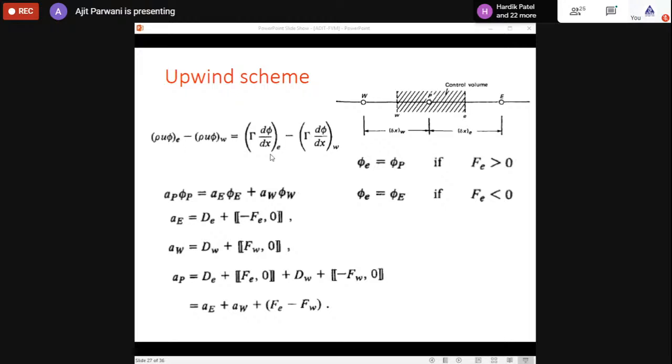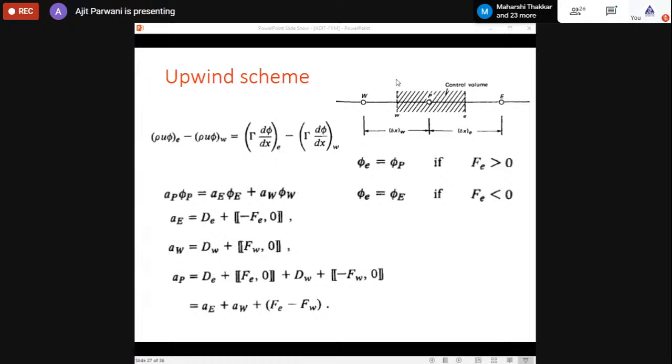With this arrangement, I will get a discretized equation like this. Now, there is some operator that comes here. What is this operator? This operator is the selection operator, because here we have to make a selection depending upon the condition. If the velocity is in this direction, then I will choose the upwind variable.